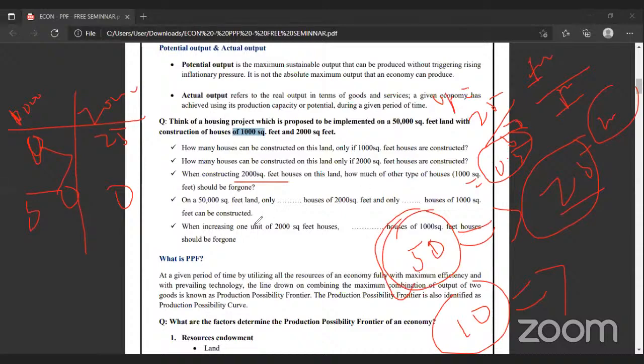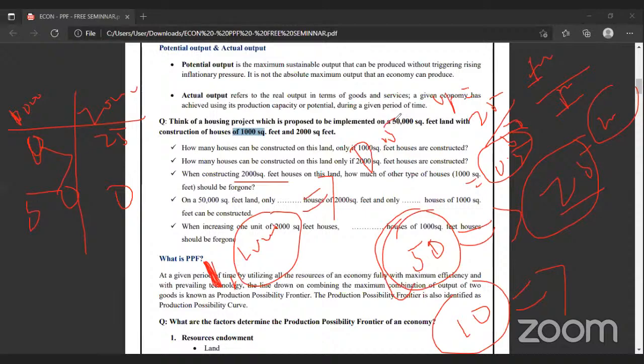So that means if they want to produce one 1,000 square feet house, how many 2,000 square feet houses should be sacrificed? 0.5, because that is a 2,000 square feet. They can build 2,000 square feet houses.